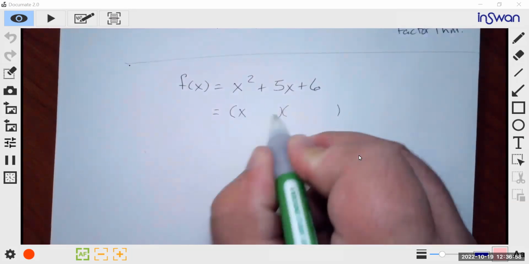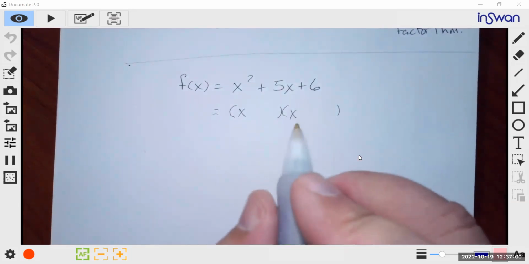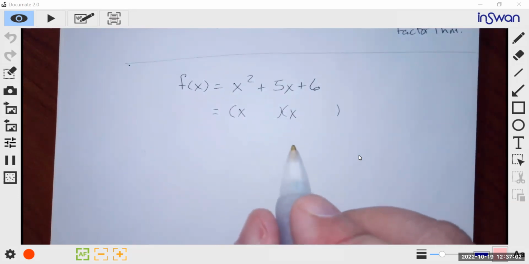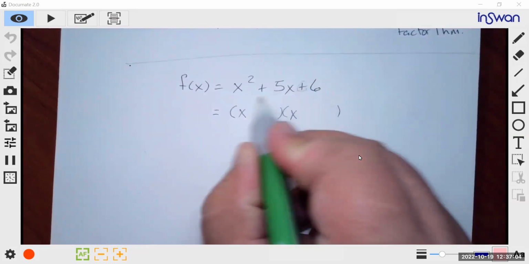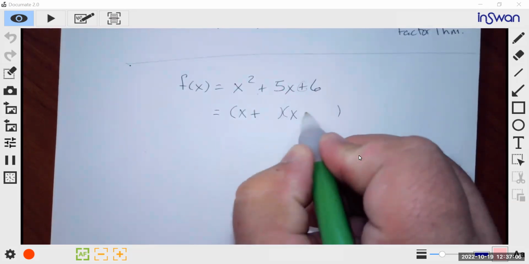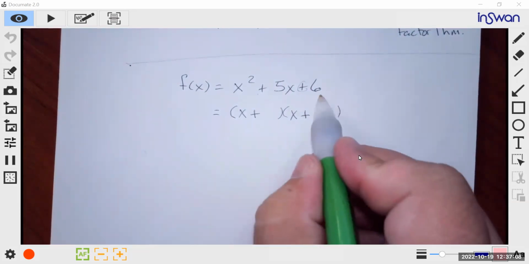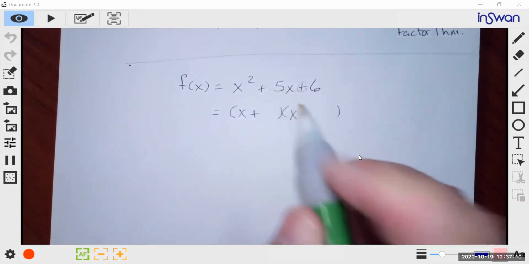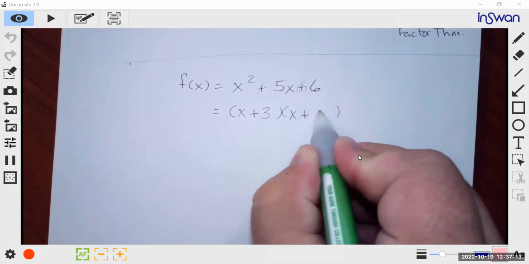It'd be x's. What signs? Both positive. Yeah, they're both the same. What times what is 6, and when you add them, you get 5? 3 and 2.